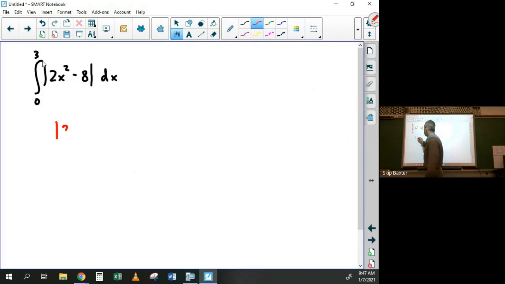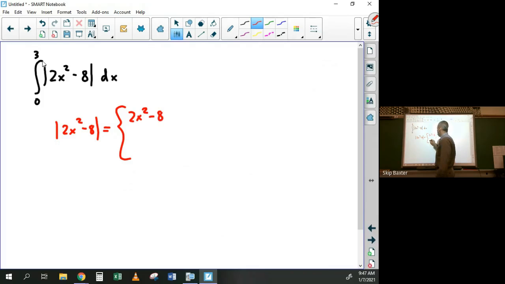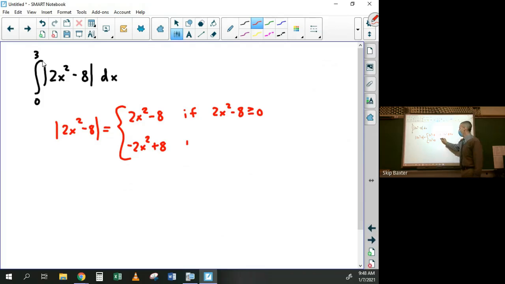The absolute value of 2x squared minus 8 is either going to be 2x squared minus 8 or negative 2x squared plus 8. It's either the expression itself or the negative of the expression. It's the expression itself if that expression is greater than or equal to 0. It's the negative of it if that expression is less than 0.